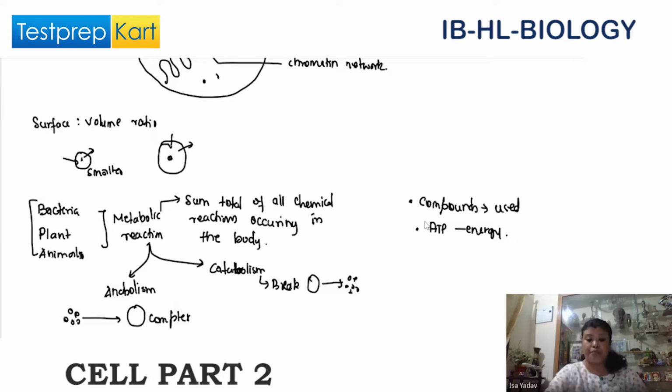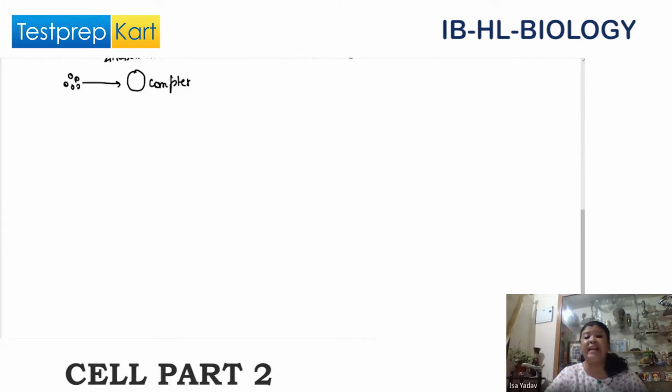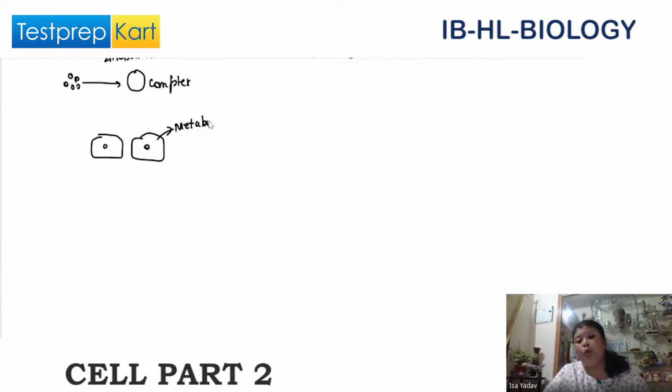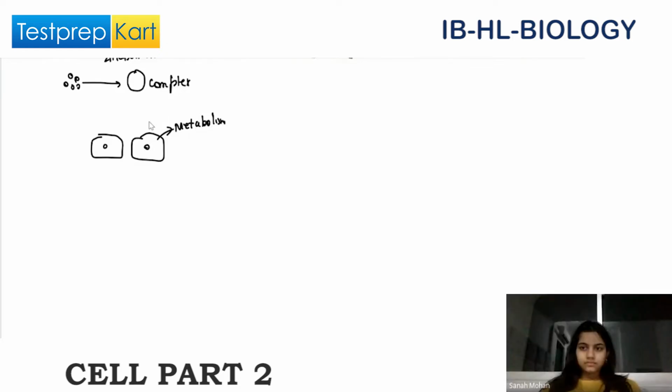Now see, when a particular cell is there, and this is another cell, these two cells are growing. They are becoming larger. Why? Because in both these cells we find metabolism. Metabolism will lead to the formation of compounds, certain substances which will be collected in the cell.